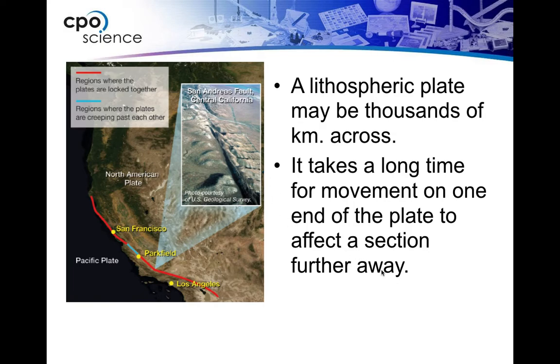You can see right along there that plate boundary. You can also see in the picture, in red, the regions where the plates are locked together, and in the blue where they're kind of creeping past each other a little bit. So if those things are locked to each other and you get one spot that's trying to move, remember that whole thing we just talked about with the grocery carts. If you get movement in one spot, you're going to get movement along that whole plate because they affect each other.